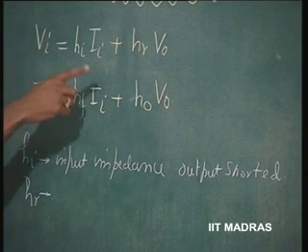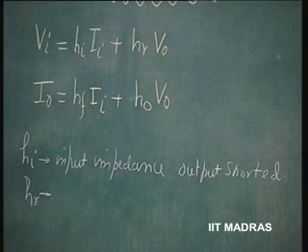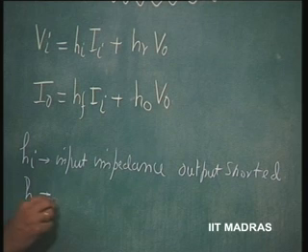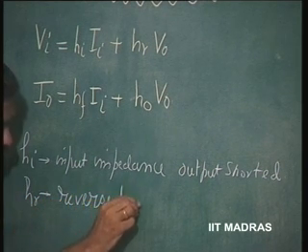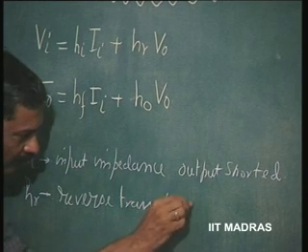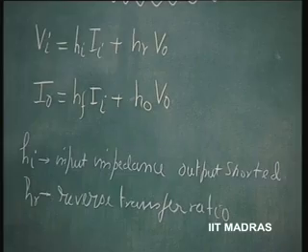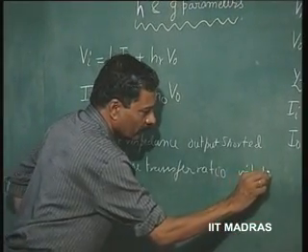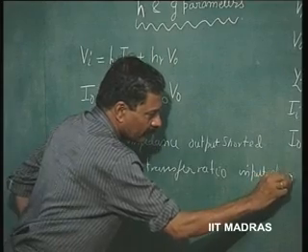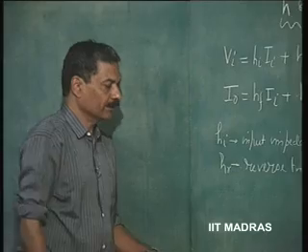So, this is the reverse or inverse transfer ratio, actually it is a ratio, inverse transfer ratio or reverse transfer ratio. So, voltage ratio, and this is for input open circuited. That is the definition.